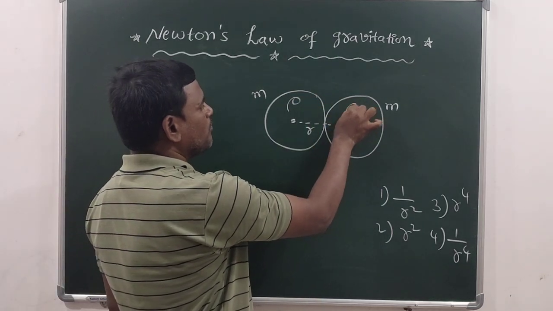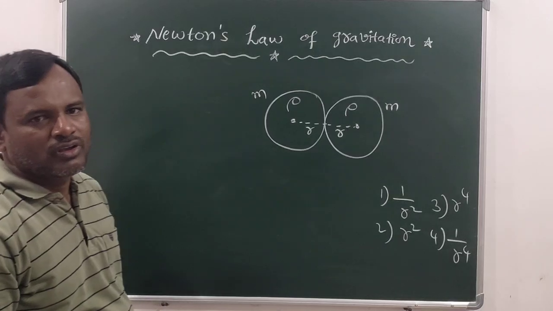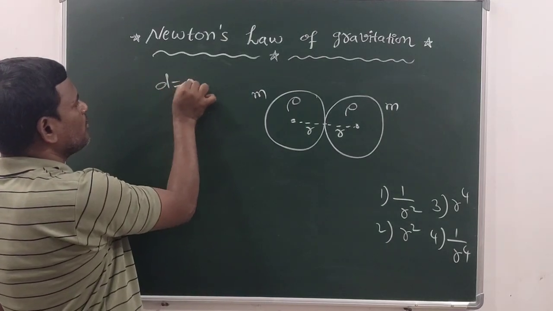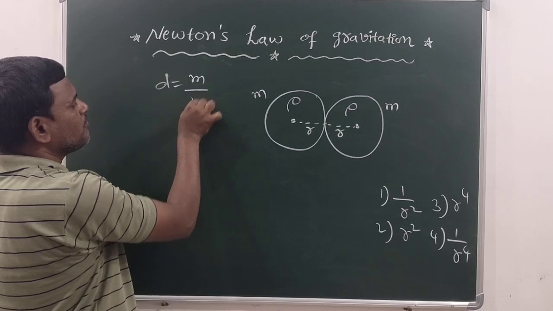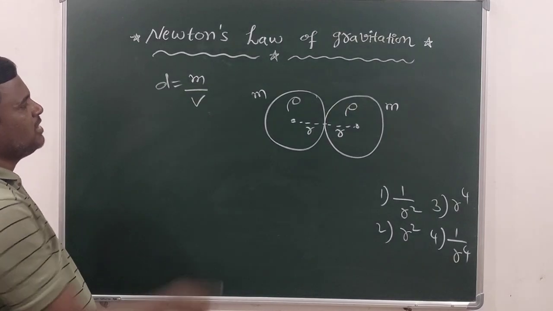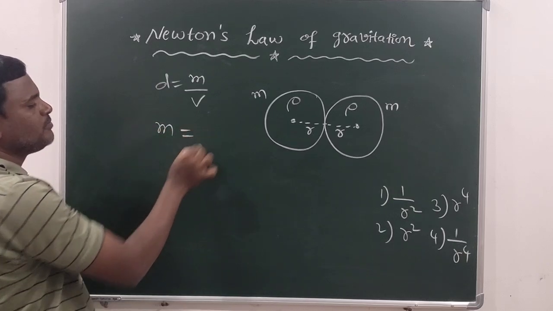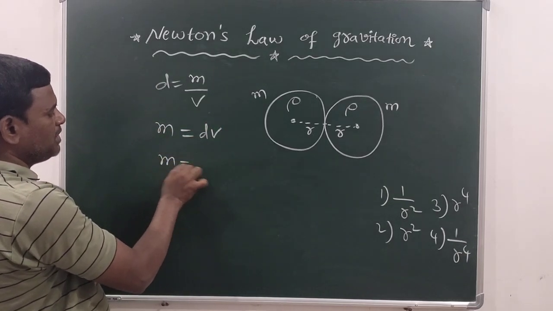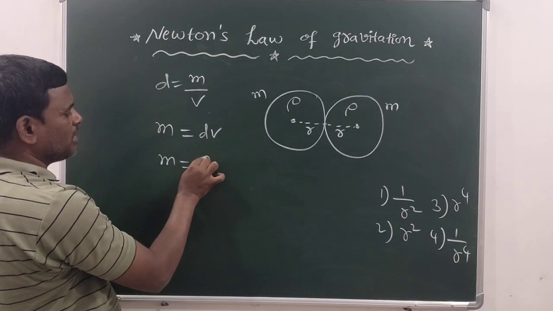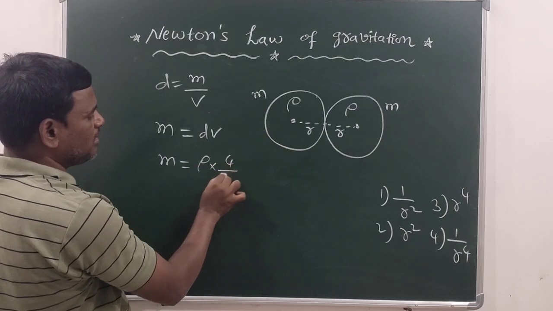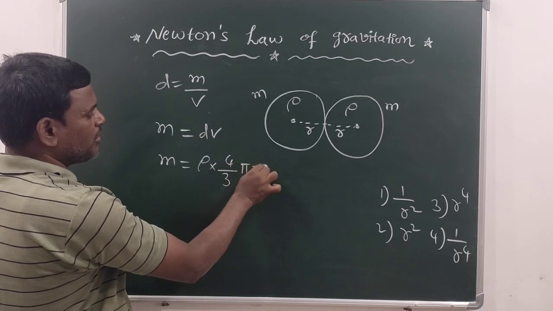Let it be rho. So density is equal to mass per volume. Otherwise, you can say m is equal to d into v. Now m is equal to density rho, and the volume of the sphere is 4 by 3 pi r cube.